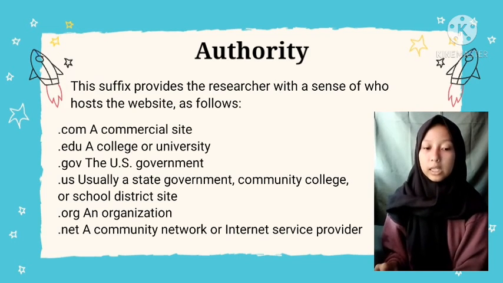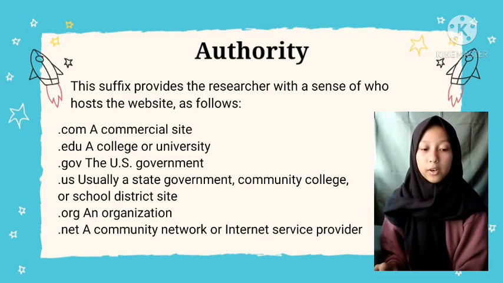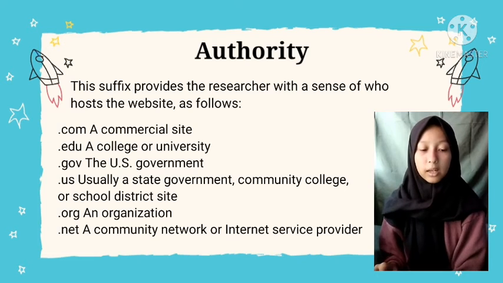Authority. The suffix provides the researcher with a sense of who hosts the website, as follows. .com is for a commercial site. .edu is for a college or university. Next is .gov for the US government.